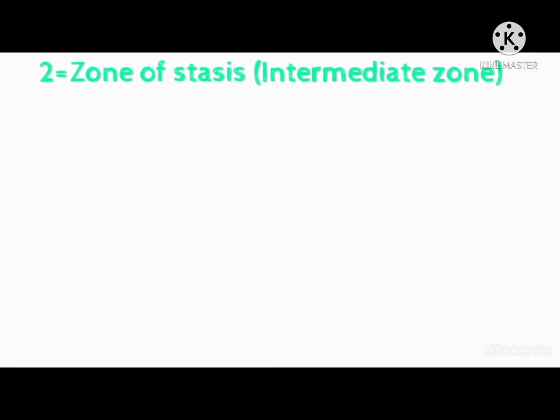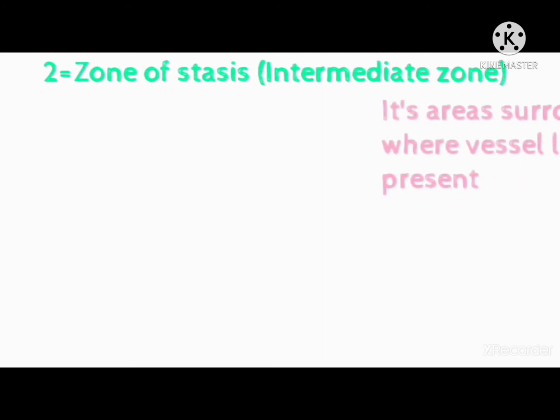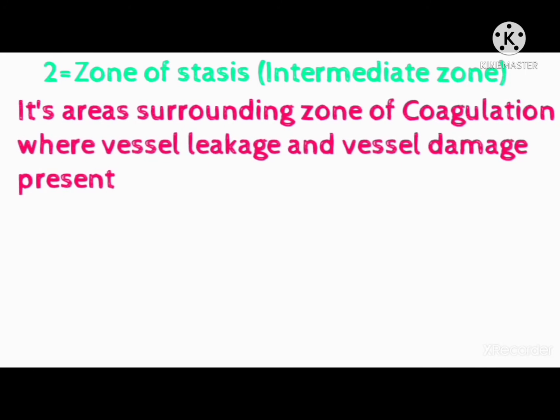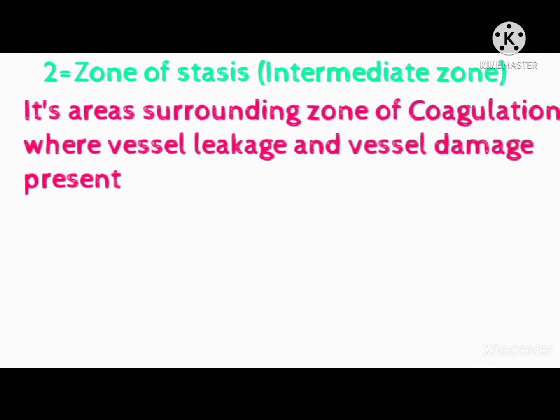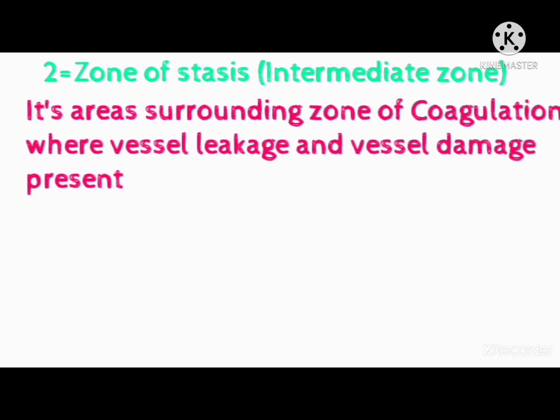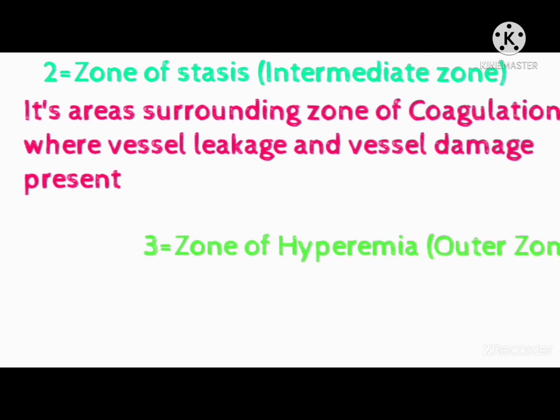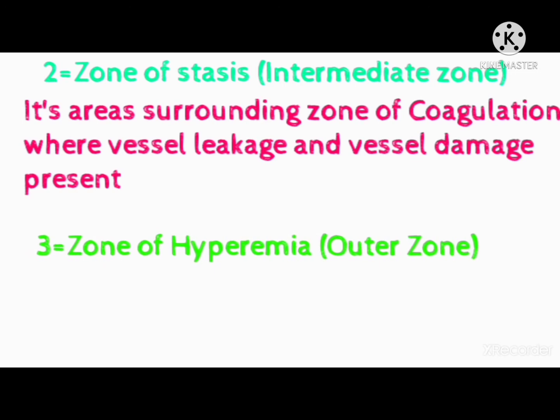Second is the intermediate zone, which is called the zone of stasis. In the zone of stasis, the area surrounding the zone of coagulation, vessel leakage and vessel damage are present. Now after the zone of stasis comes the third zone, which is the zone of hyperemia, the most outer zone.